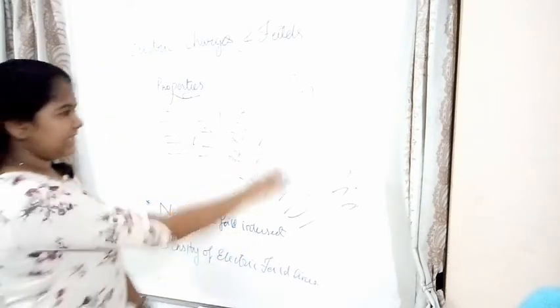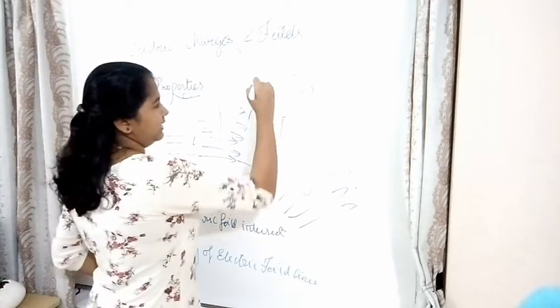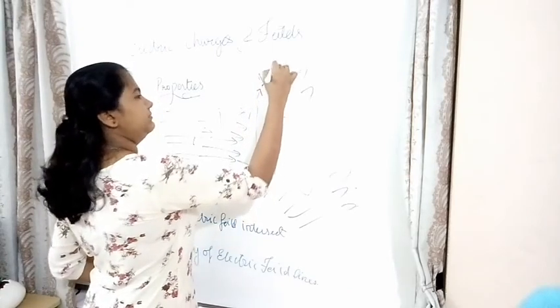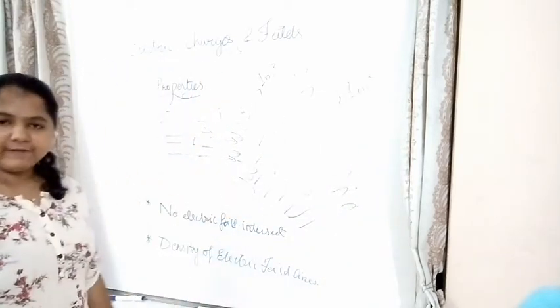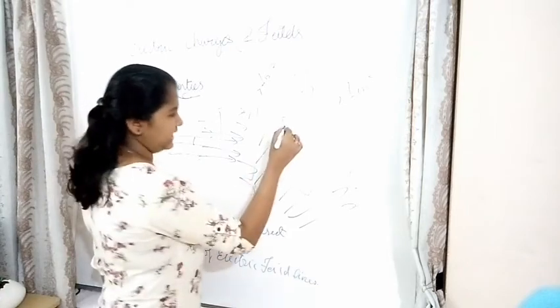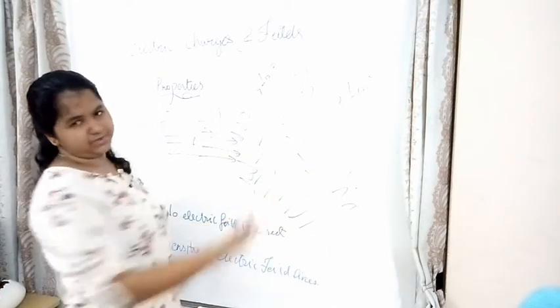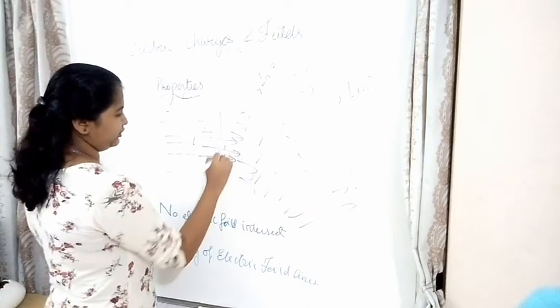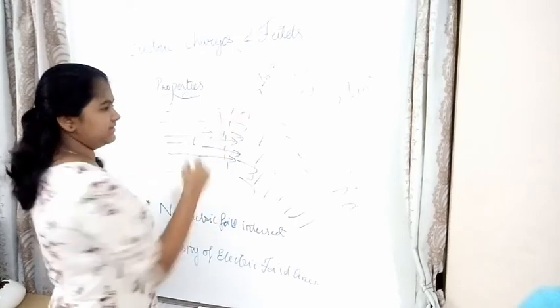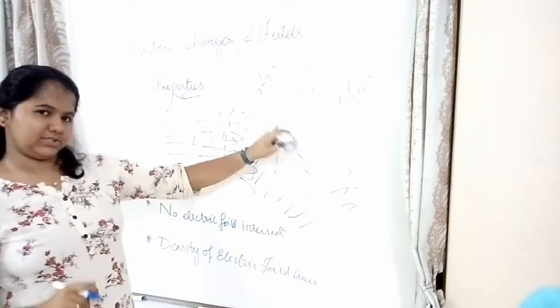So let's see. This is the same surface. Let's make this, let's say, 1 meter square area. And this is also 1 meter square area. How many field lines pass through this? There is like 1, 2, 3, 4. And maybe 5, but not that. Okay, 4. And how many pass through over here? 1, 2, 3, 4, 5, 6, 7. 7 out of the 8 pass through here, and 4 out of the 8 pass through this one.